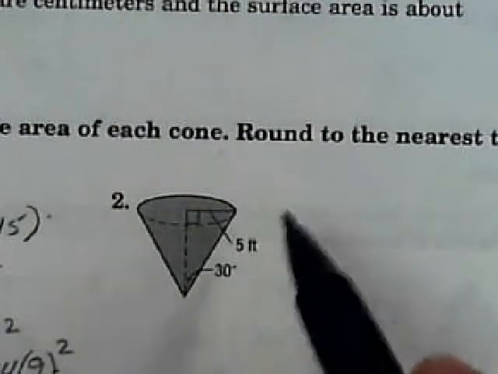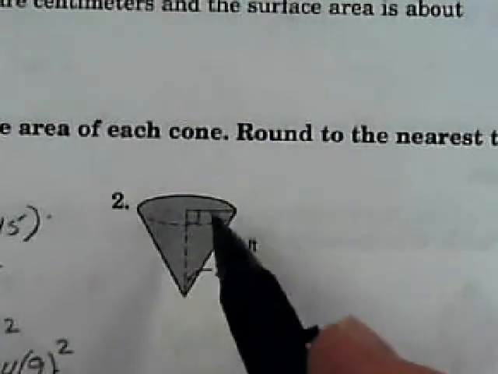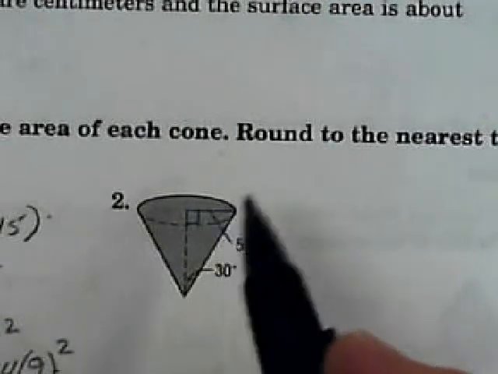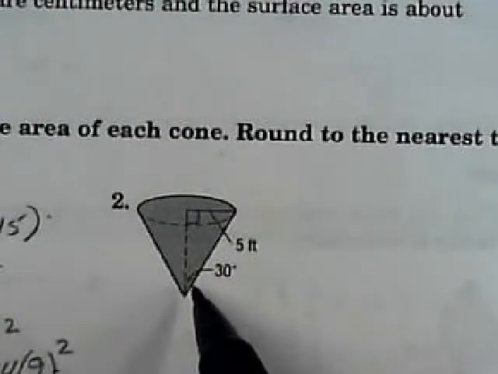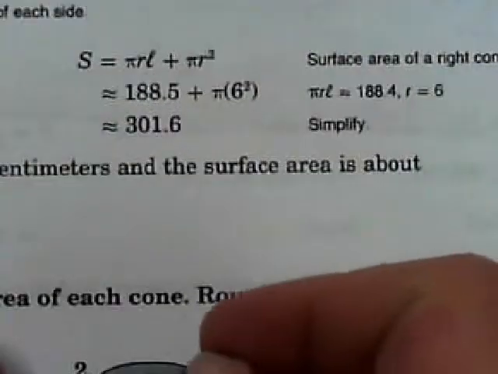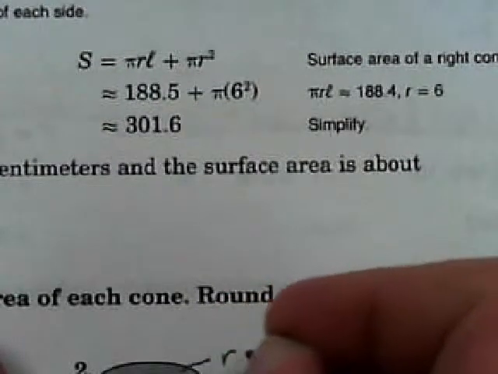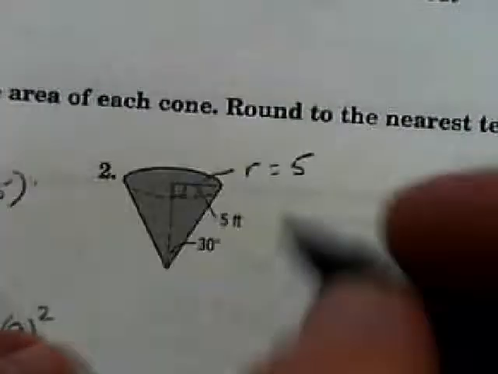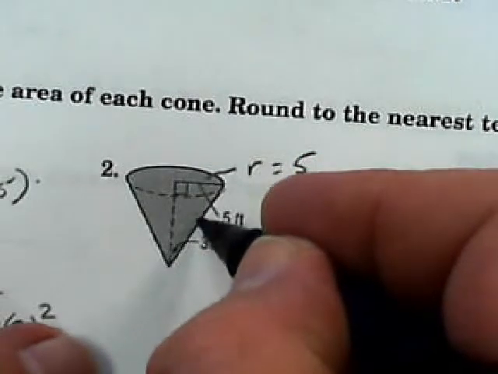You need to find basically 3 elements. You need to find the radius and the slant height. The radius is already given to you as 5. I need to find this slant height right here.